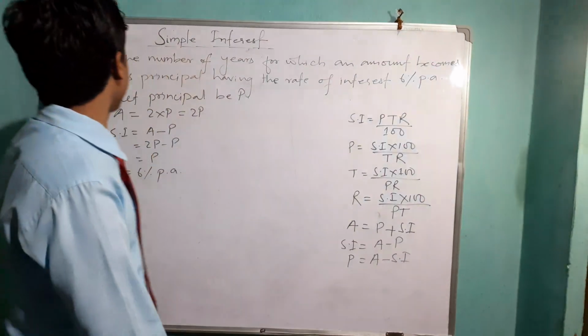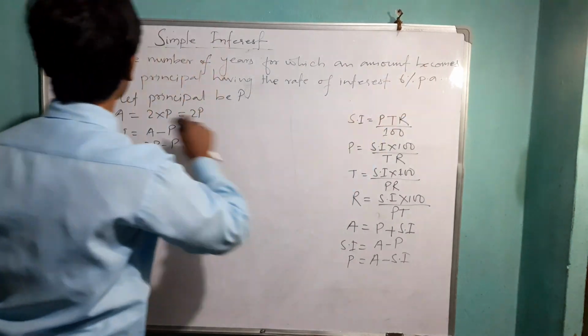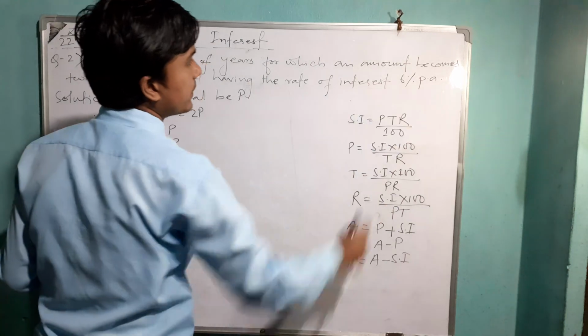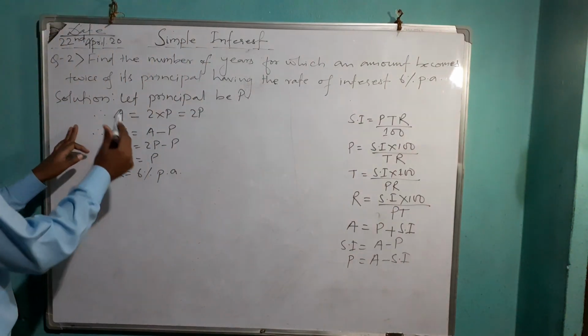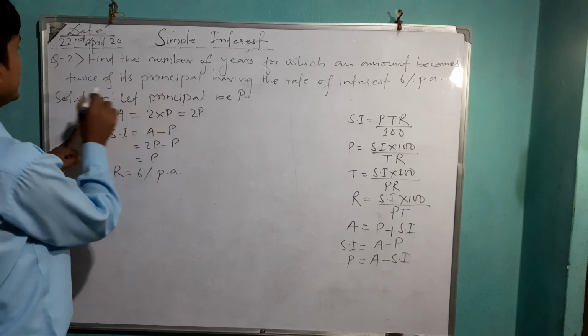Okay, the next question I have taken: find the number of years for which an amount becomes twice its principal, with the rate of interest 6% per annum. Here, the amount becomes twice its principal.